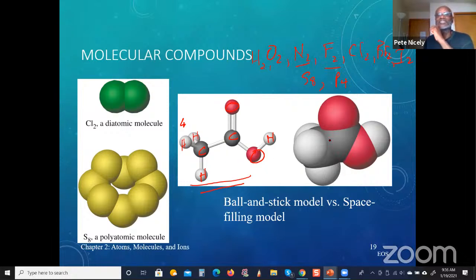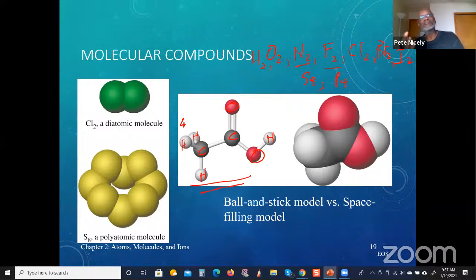And then this is what we call a space filling model representation of the same compound. Now this is useful in terms of looking at the relative sizes of the atoms. So not only does it tell you what atoms are connected to which atom, and not only does it give you the shape, but it gives you a picture of the relative sizes of the different atoms, which can become important, especially if you go into high-level research, when you're looking at things like drug interactions and so on.